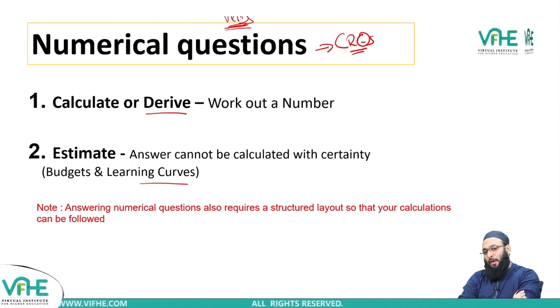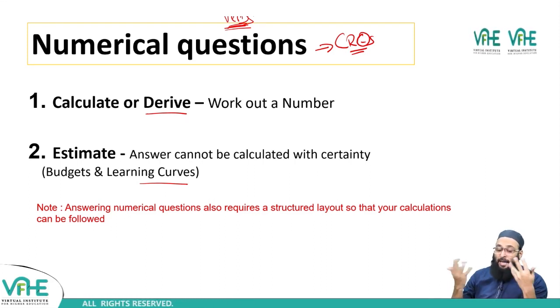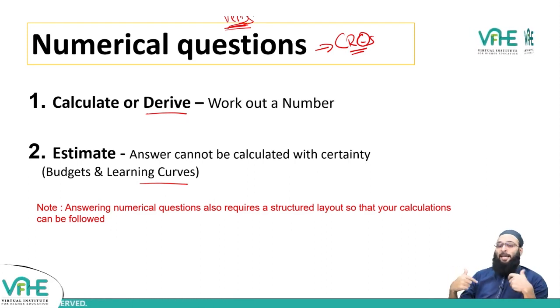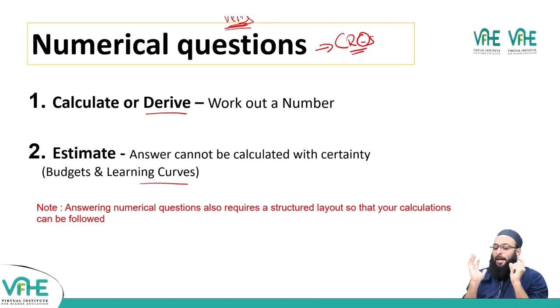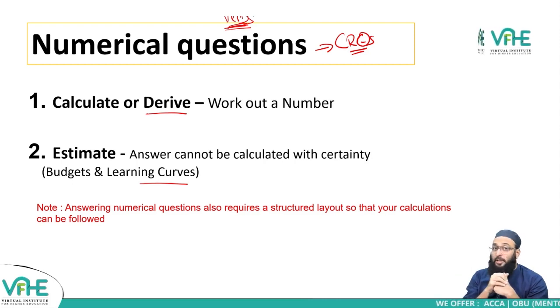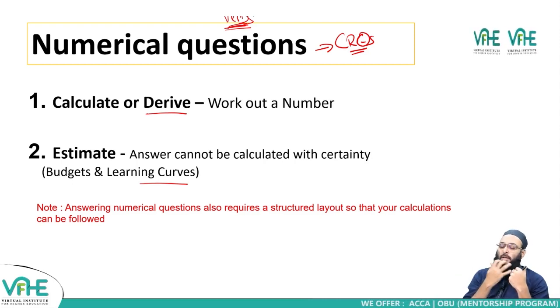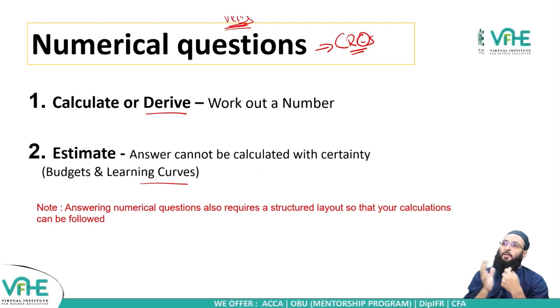In that situation, we are estimating the results, and in estimation, the answer might not be accurate. So estimate is where the answer cannot be calculated with certainty, which is very much the case with learning curves.